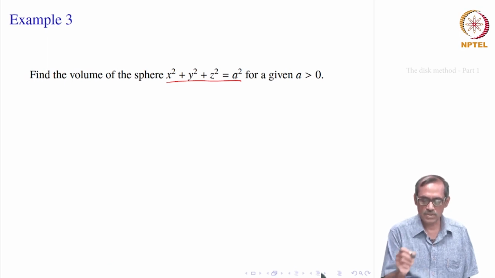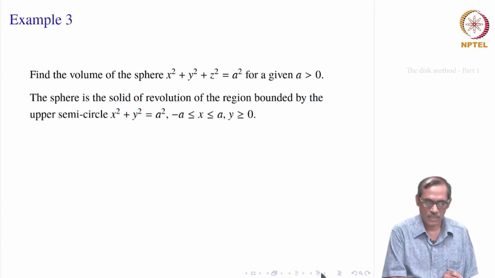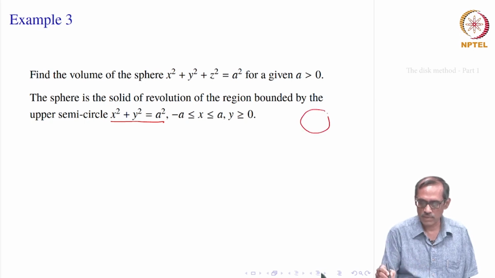So, this sphere has radius a, and how do we take it as a solid of revolution? Let us say we look at the semicircle x square plus y square equal to a square, which has radius a, and we take only the semicircle where y is greater than or equal to 0.